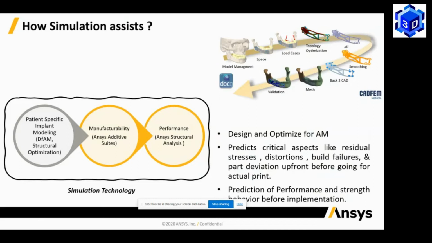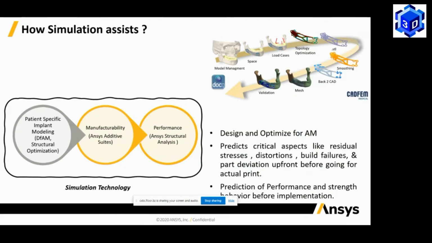Then we can also use the manufacturing simulation of additive manufacturing, where we have different tools to optimize the orientation, come up with the right support structures, and predict the residual stresses, distortions, build failures, part deviations, and so on in the process simulation part. And later with ANSYS solutions, we can also analyze the performance of these implants.